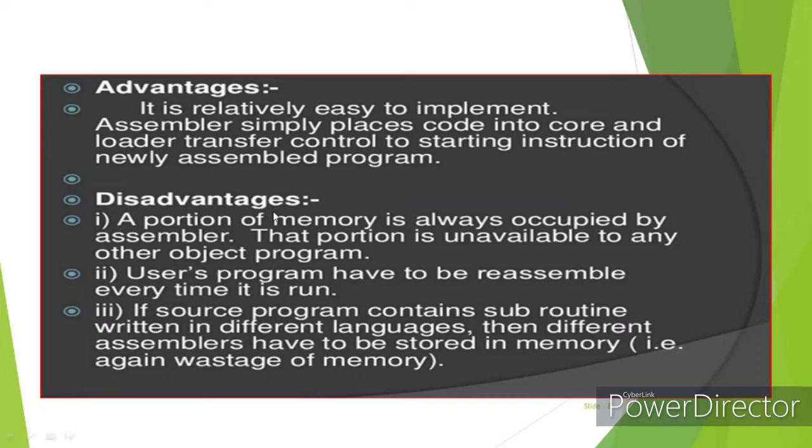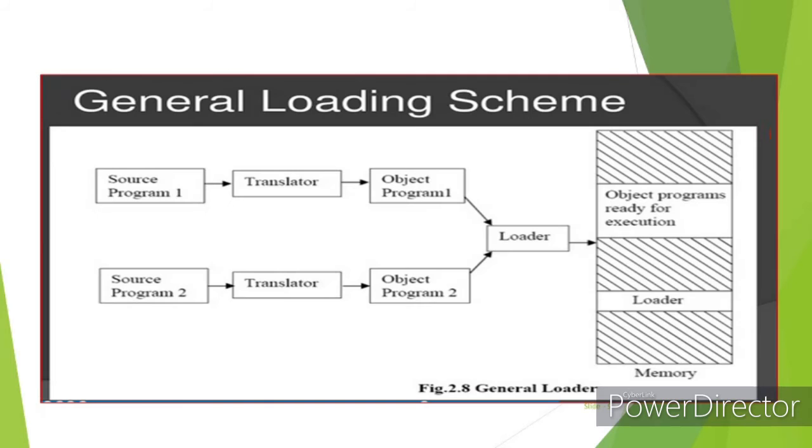The disadvantage is that a portion of memory is always occupied by the assembler, so that portion is unavailable to any other program, and the user program has to be reassembled every time it is run. If the source program contains subroutines written in different languages, then a different assembler has to be placed into memory every time. That is again a wastage of memory.